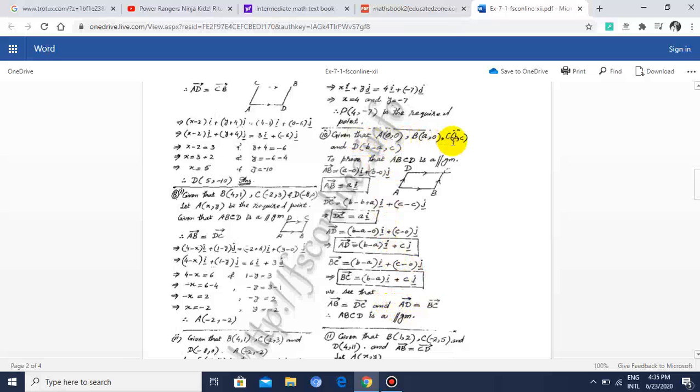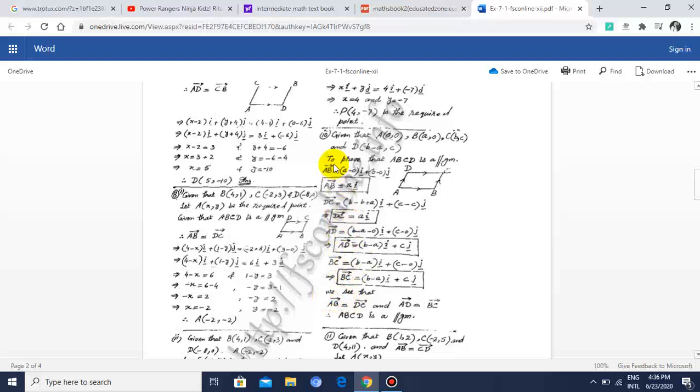Given that A, B, C, D are the points, to prove that ABCD is a parallelogram, we have to find the vector AB and the vector DC and the vector AD and the vector BC. How to find the vector AB? By subtracting the coordinate of the point A from the point B. And similarly, we can find DC vector, AD vector and BC vector.